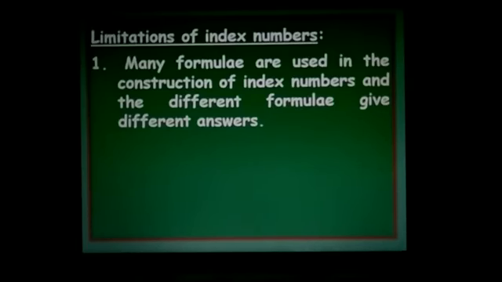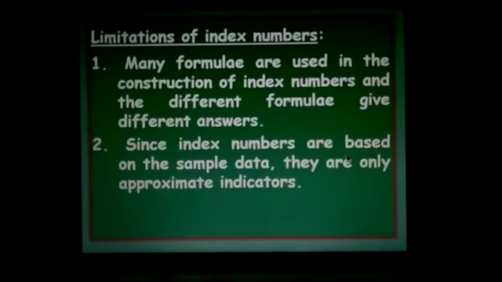If we use different formulae for the same data, certainly we will be getting different answers. Then we will be in confusion about which is the better one to be used. That answer, after a few video classes, we shall come across after studying a few more concepts. But that confusion leads to a limitation of index numbers.